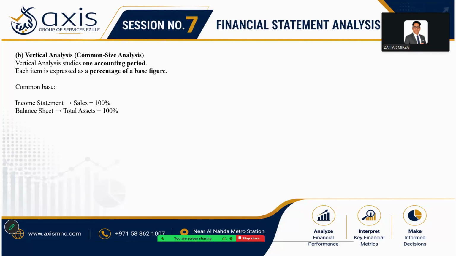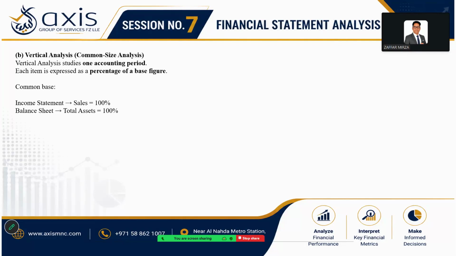What is the base figure? When expressing items of the income statement, we take cost of goods sold divided by sales, operating expenses divided by sales, sales divided by sales, interest divided by sales, tax divided by sales.